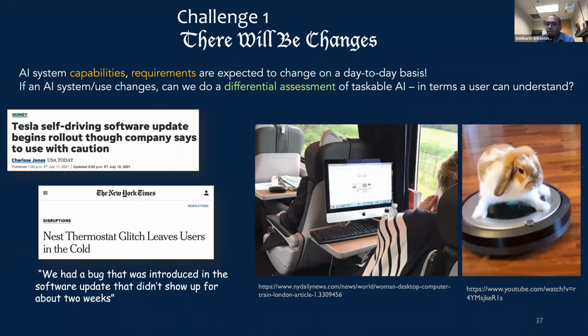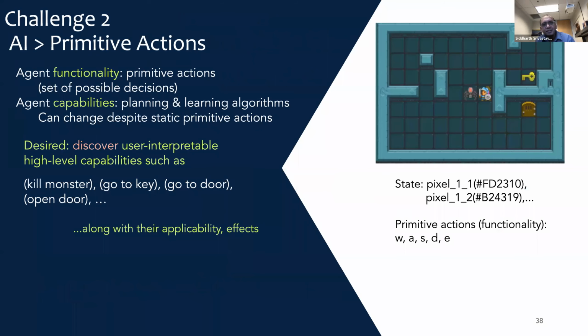Can we do that efficiently, or do we need to reassess the whole thing from scratch and send it back to the manufacturers because, hey, I changed this little part in my deployment scenario, or because you changed this part of your software, now here's my map of the home, test it again for my entire plan. Can we avoid this entire thing and do a differential assessment? That's one challenge.